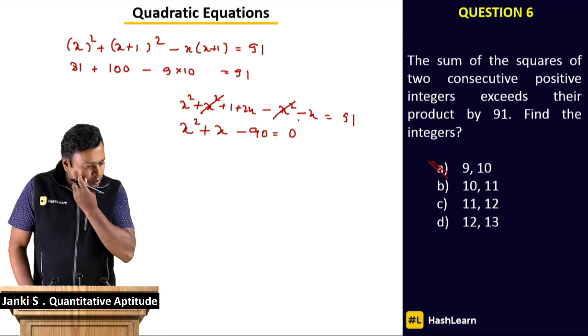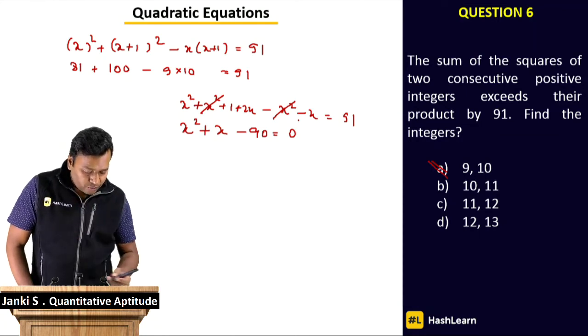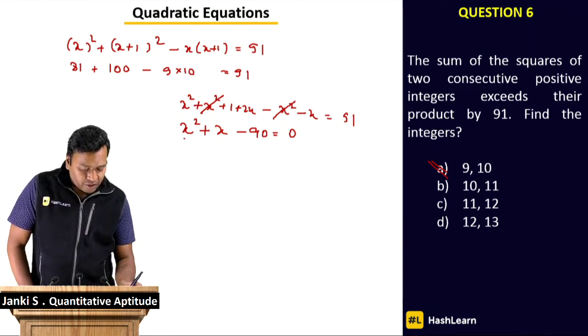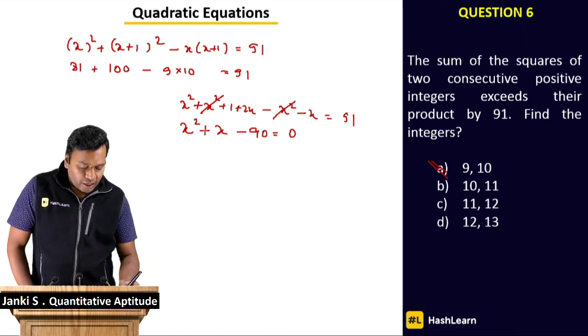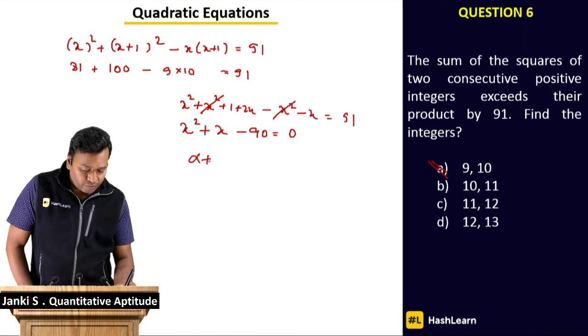So what are the roots of the equation now? My roots of the equation, identify here the product is nothing but minus 90. That means the roots are nothing but a negative value and a positive value, and the summation alpha plus beta is equal to minus 1, and alpha into beta is nothing but minus 90.